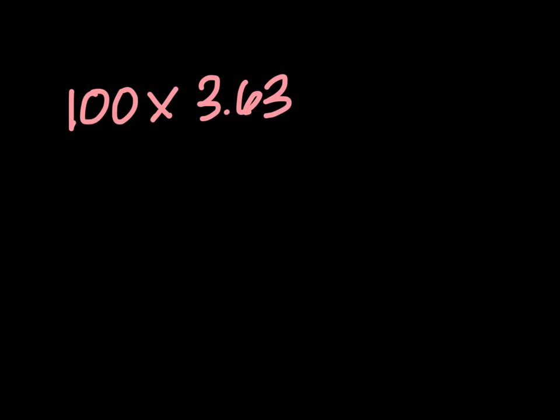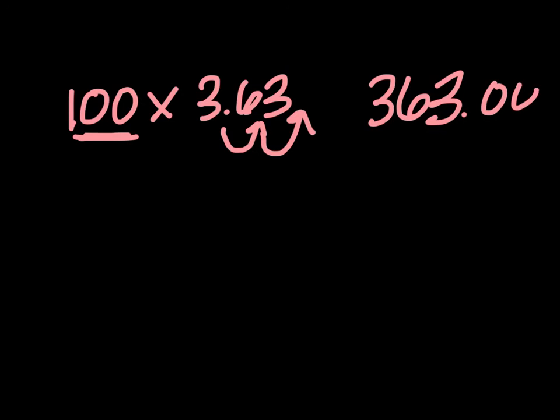If I revert back to that first problem that I had, 100 times 3.63, I know I have two zeros here, so my decimal is going to move two places to the right, 1, 2. So it would be 363 with nothing after it.